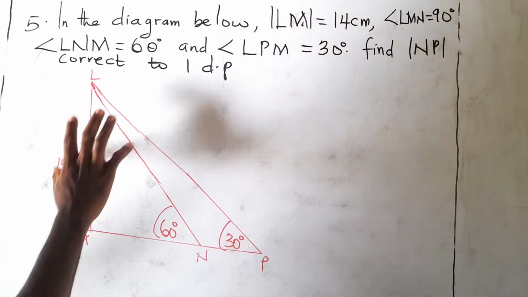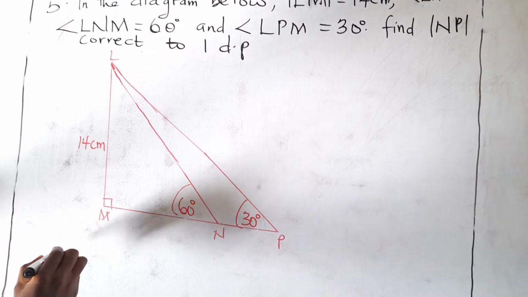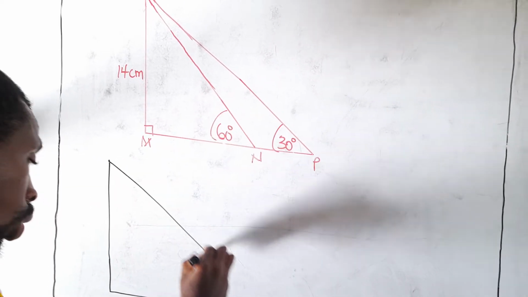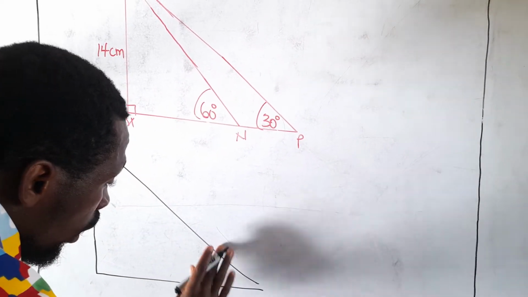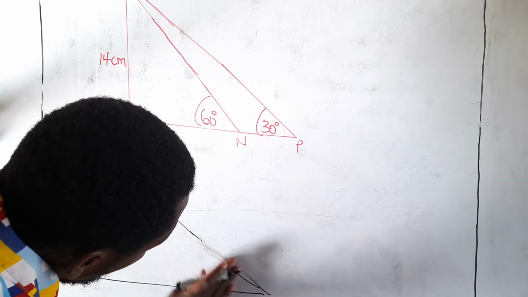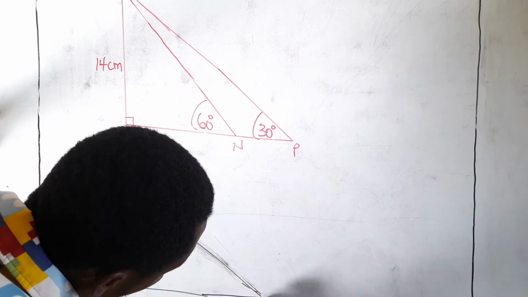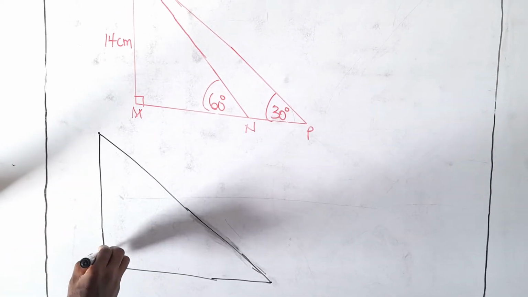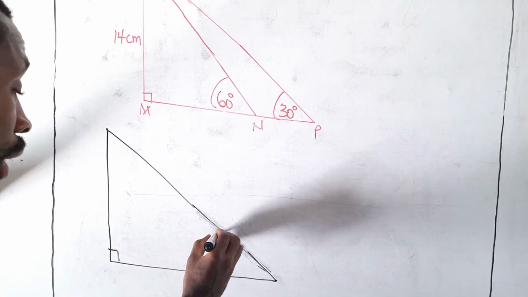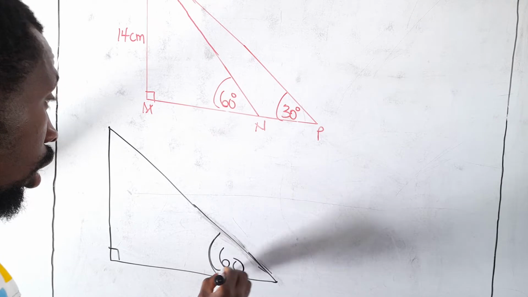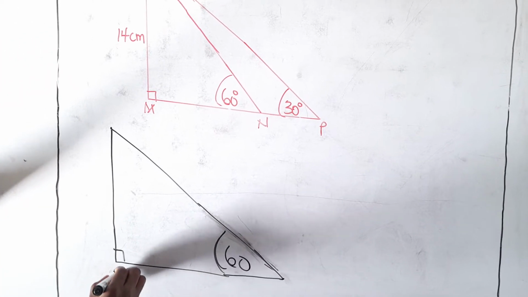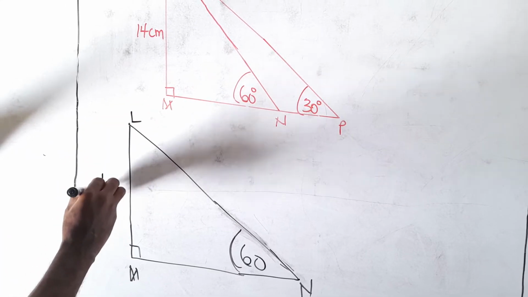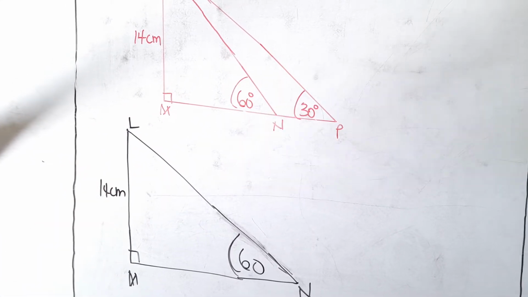So we can split this into two triangles to look like this. Look at it carefully. That's the angle here being 60 degrees. And we'll have N, L, where here is 14 centimeters.